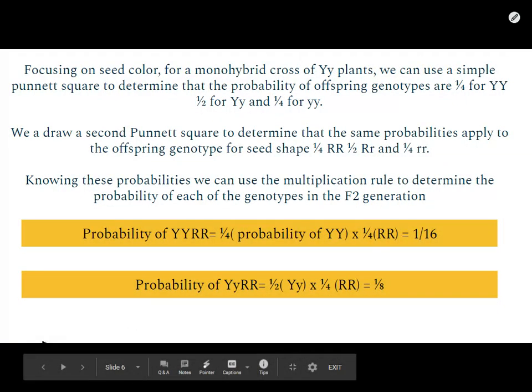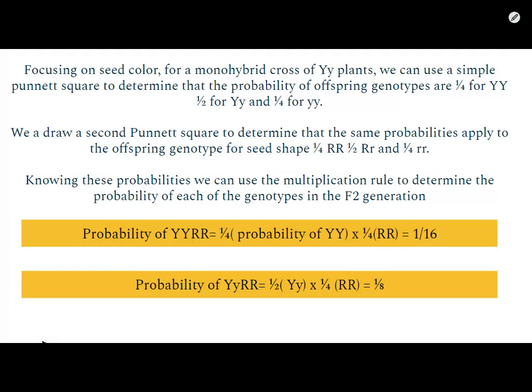Same thing, if we wanted to know the probability of getting a big Y, little y, big R, big R offspring, we have a 1/2 chance of getting a heterozygote with our Y trait and a 1/4 chance of getting a homozygote dominant with our round trait.